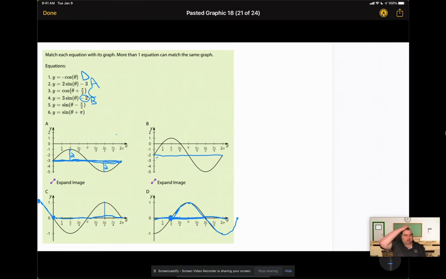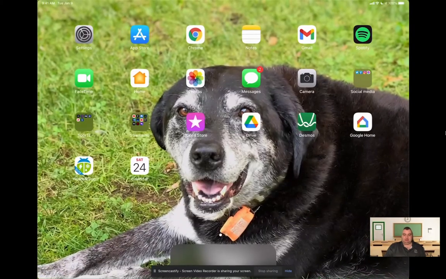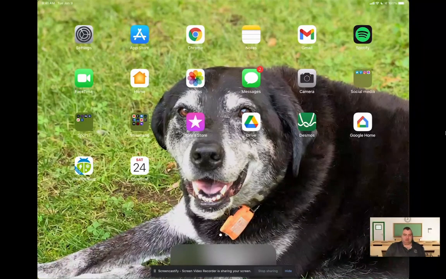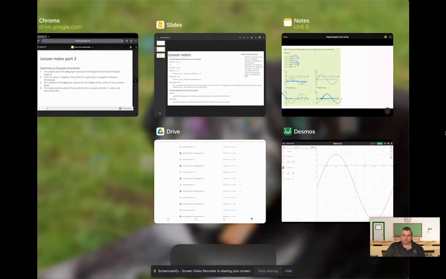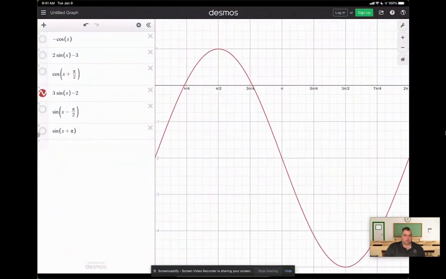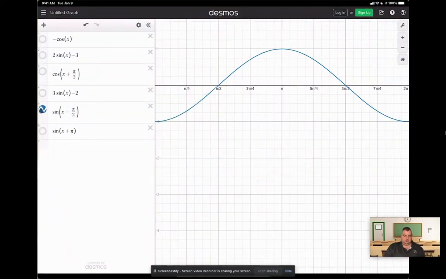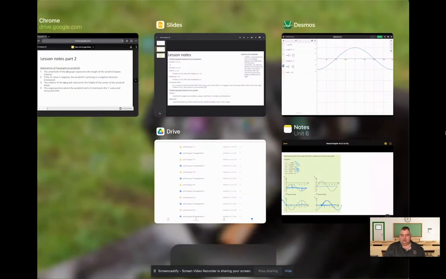So the answer to number 5 is going to be D. Let's just double check on Desmos here. Okay, and it indeed does match. So that is the answer to number 5.